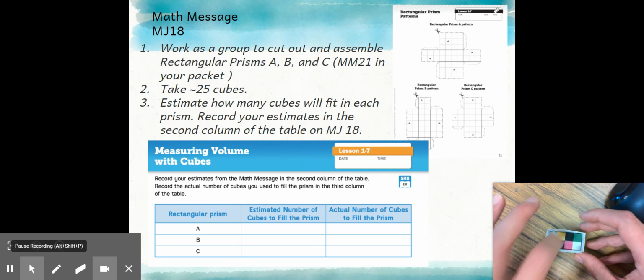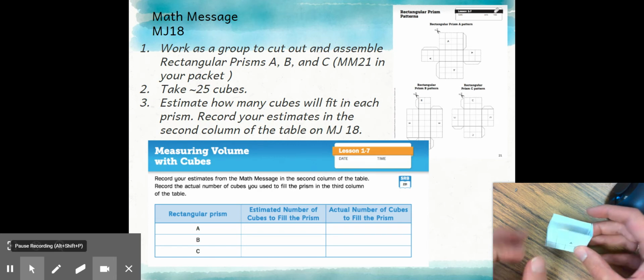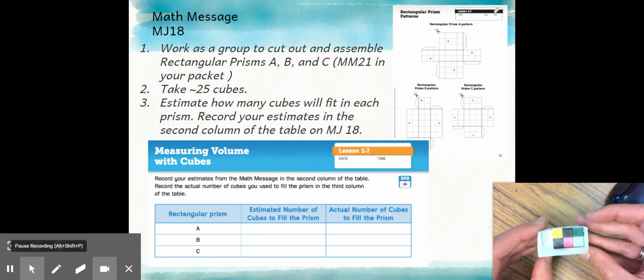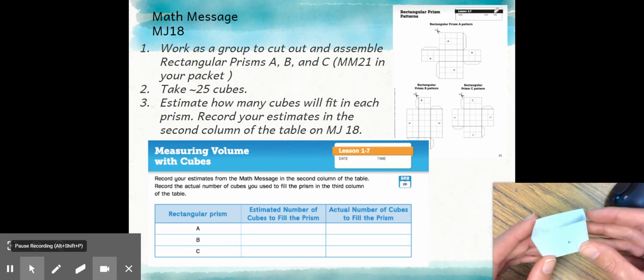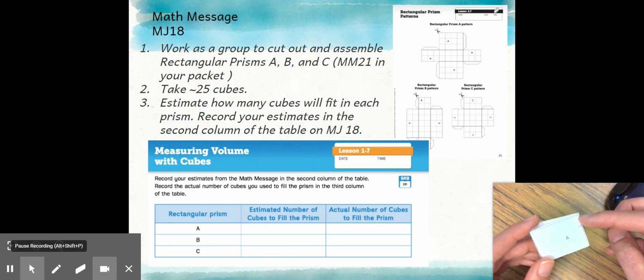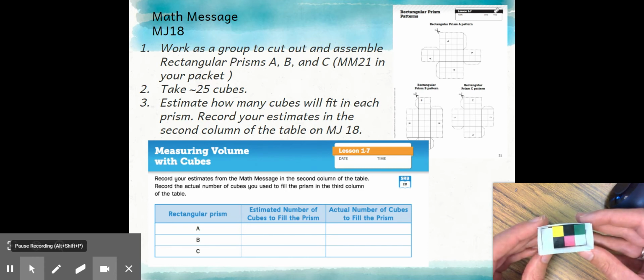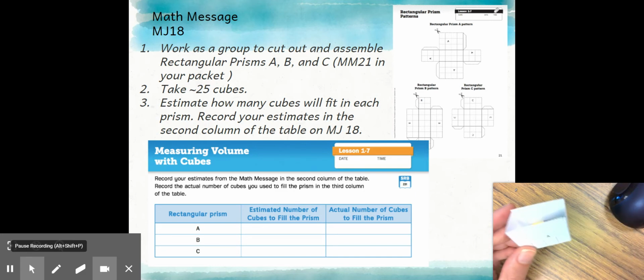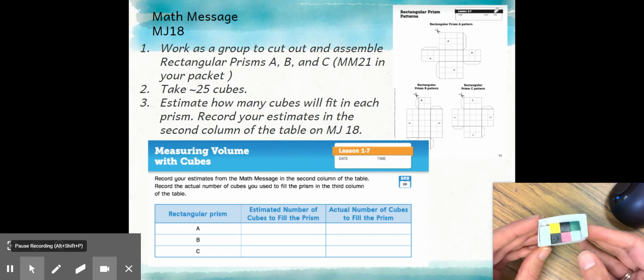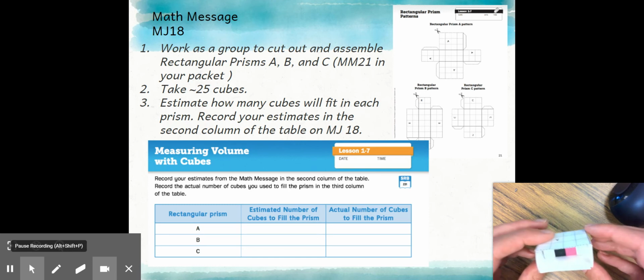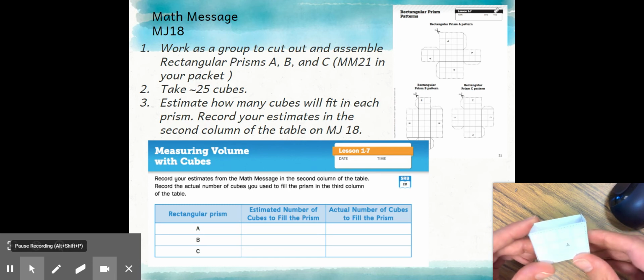So if I filled this up with 2 more layers, I would be able to tell that 24 cubes fit into this prism because 8 times 3 is 24. Okay, so for prism A, you should have gotten 24 cubes. Okay, so again, today is all about counting cubes.